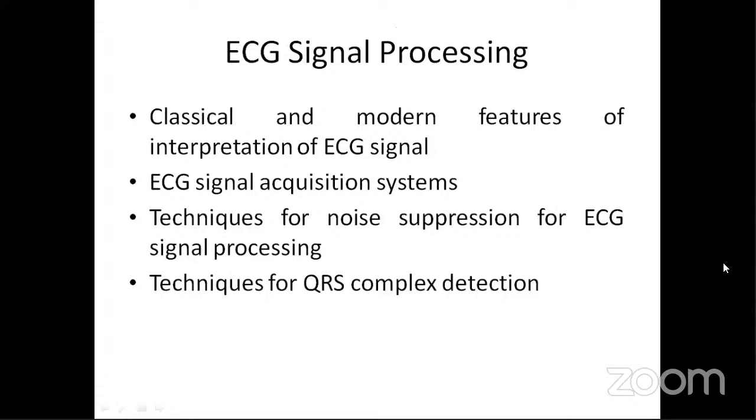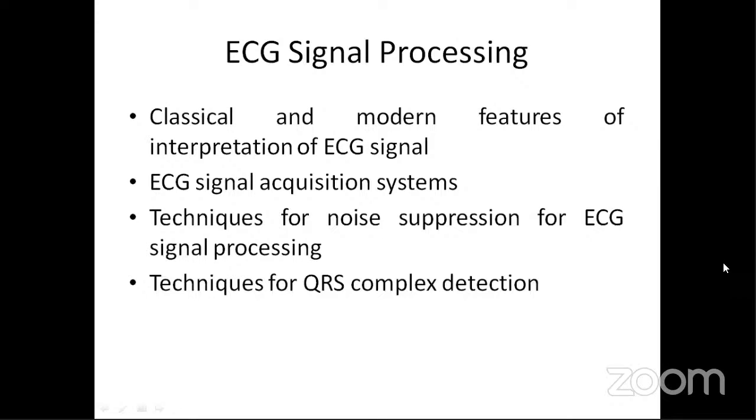Due to the minimum range of amplitude and time interval, to find different abnormalities, you should go for ECG signal processing, if it is recorded.